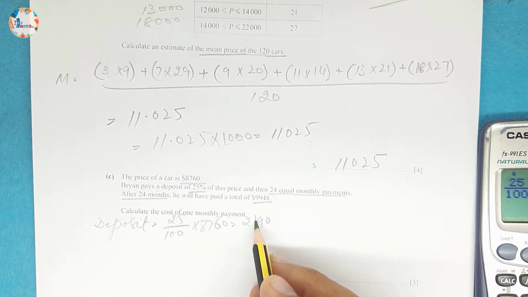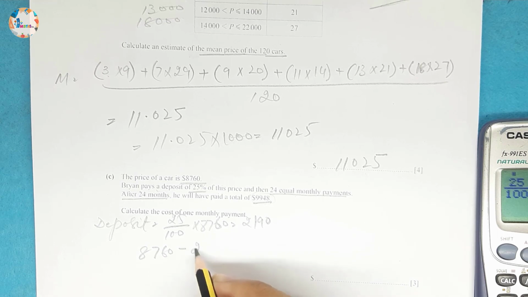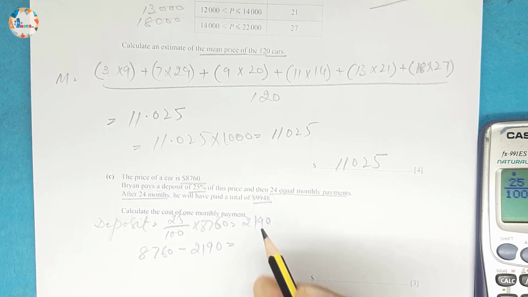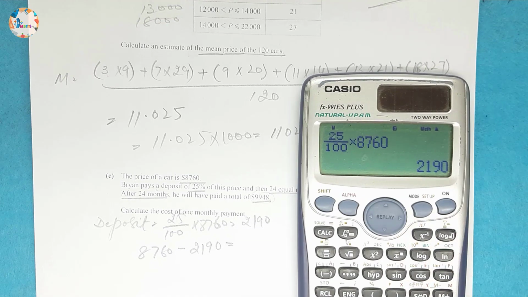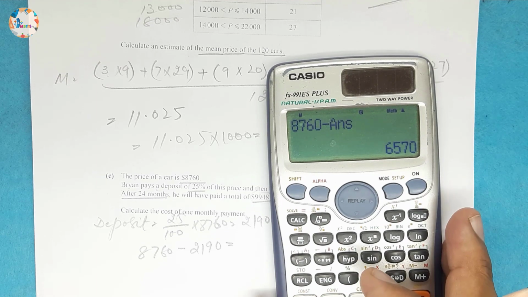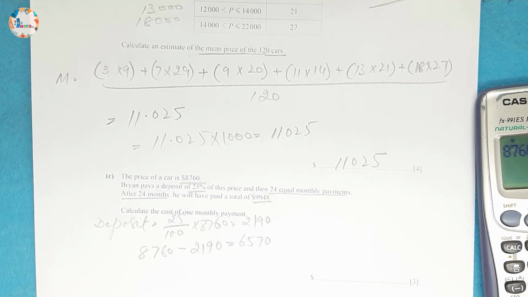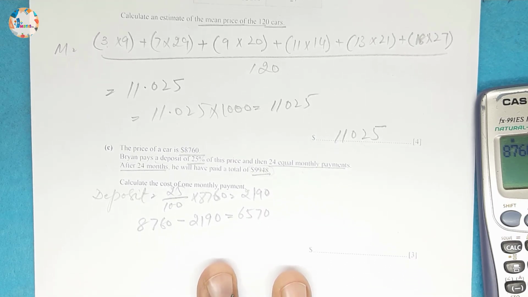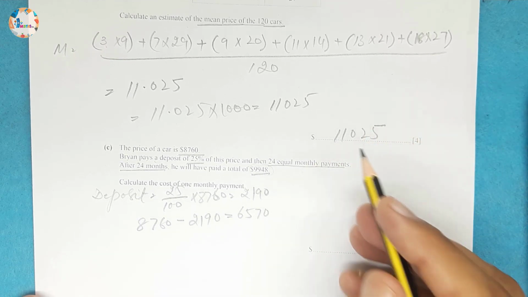So from the total amount, this much is already paid as down payment or initial deposit. So 8760 minus the answer will be equal to 6570. 6570 is still the pending amount, and the total amount paid is this much.